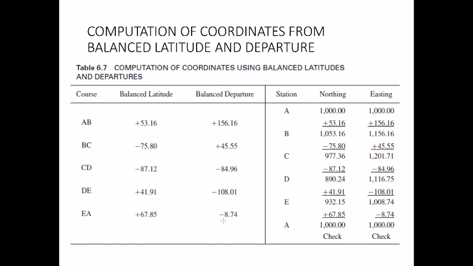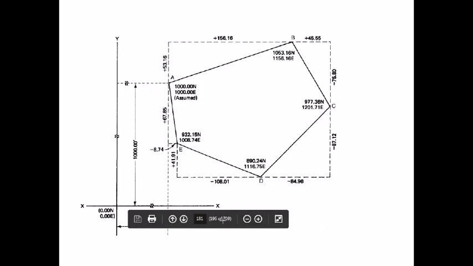But in an independent coordinate system, you draw the traverse somewhere and then you take the origin at some distance. So if the origin is over here, this is coordinate 0, 0.